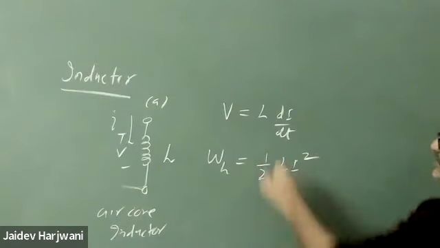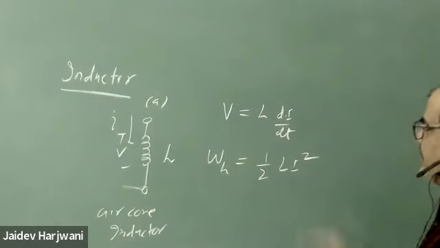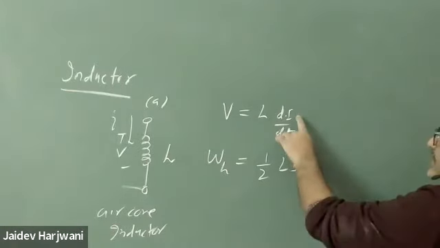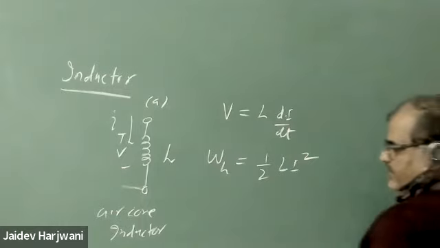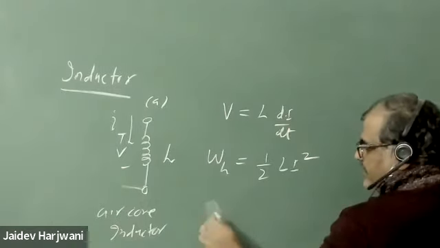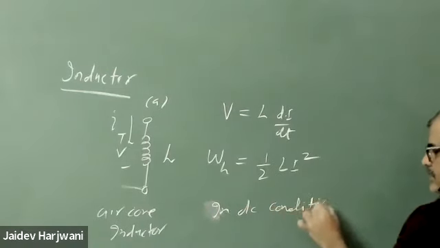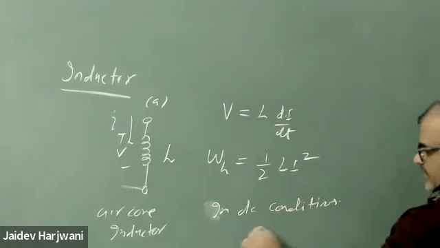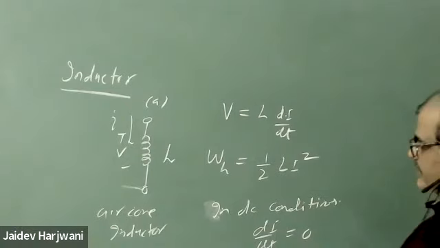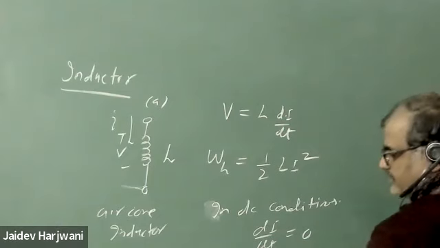Now if you see this V equal to L di upon dt, we can see that if the current is constant, in DC conditions, your di by dt is 0. So the V across the inductor will also be 0.